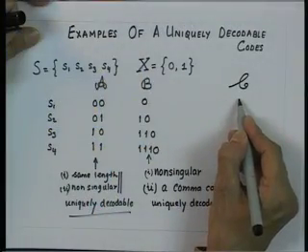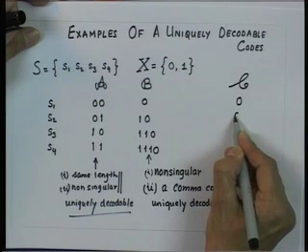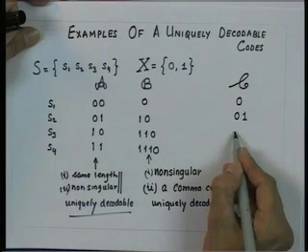Let us take another example of a uniquely decodable code. Let us say that I have a code C where I have my code words given as 0, 01, 011, 111.